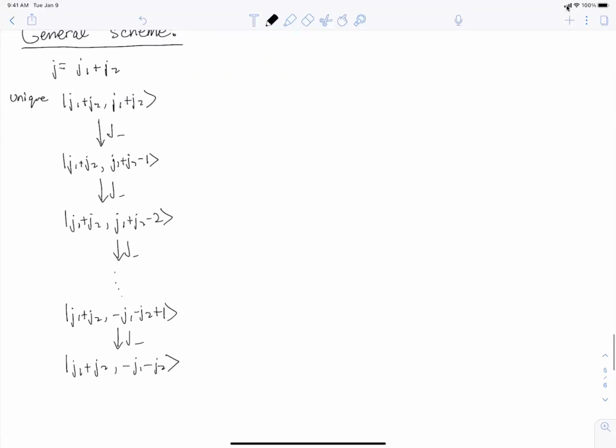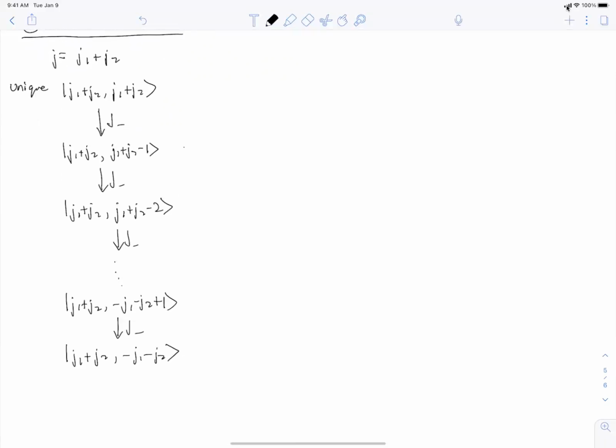And now you use orthonormality, specifically orthonormal to this state. And that gives you J1 plus J2 minus 1, J1 plus J2 minus 1. Now you act with J minus, and you get another column of these things with different values of M. And you keep doing that.